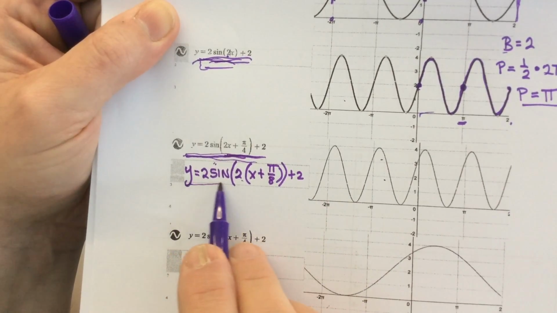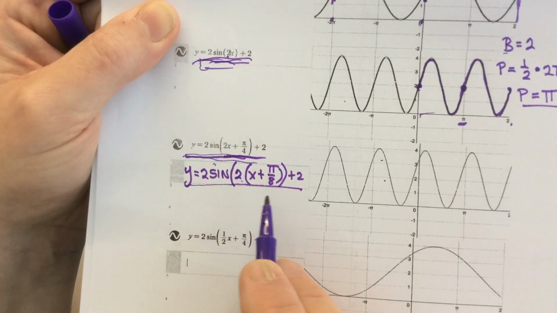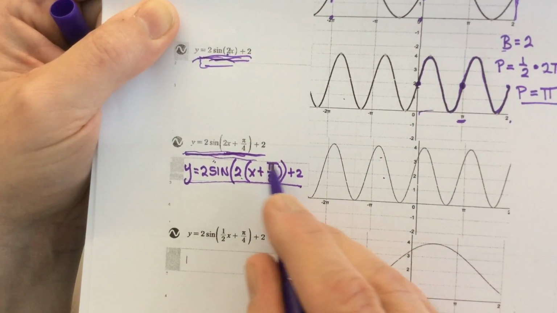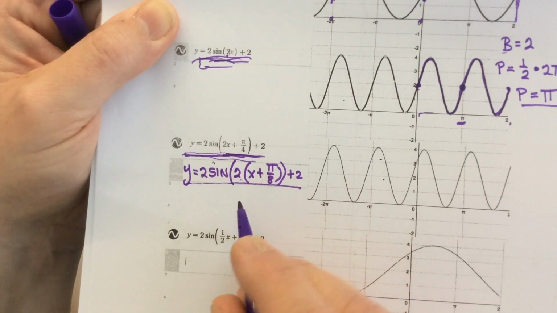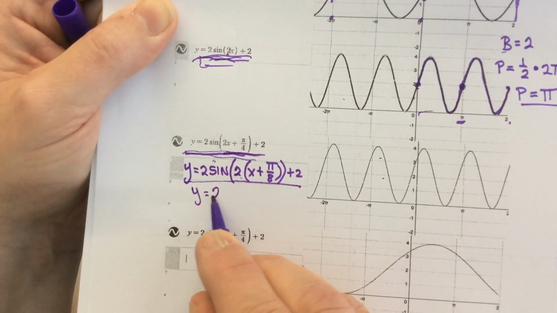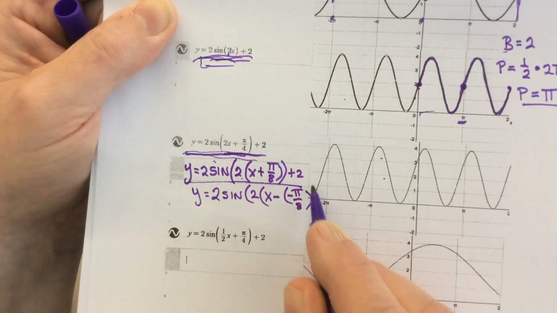But now we have it in the right form. And you were absolutely right. C is, right, we've got x plus something instead of x minus something. So in truth, in order to really put it into the form we want, it would look like this.